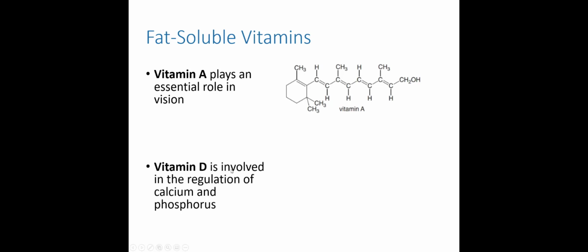Vitamin D is involved in the regulation of calcium and phosphorus. It is actually not a true vitamin in that we don't necessarily have to consume this in the diet. The body is able to make vitamin D using cholesterol. I don't know if that's clear here, that this is degraded from cholesterol, but you'll notice this long carbon chain here should look somewhat similar to what we saw with cholesterol. So should this OH here.